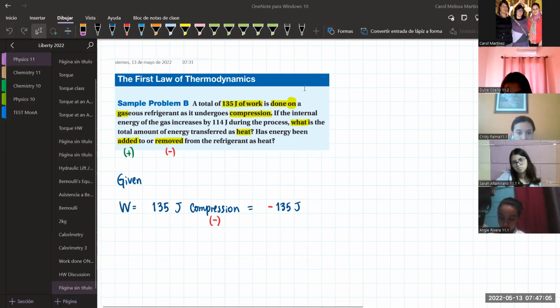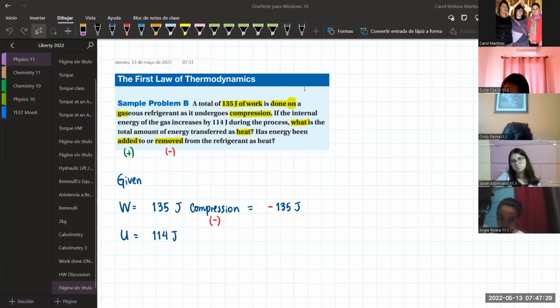Then it says the internal energy, denoted by the letter U, increases by 114 joules during the process. So 114 joules is my internal energy. It's going to be positive because it says increases.